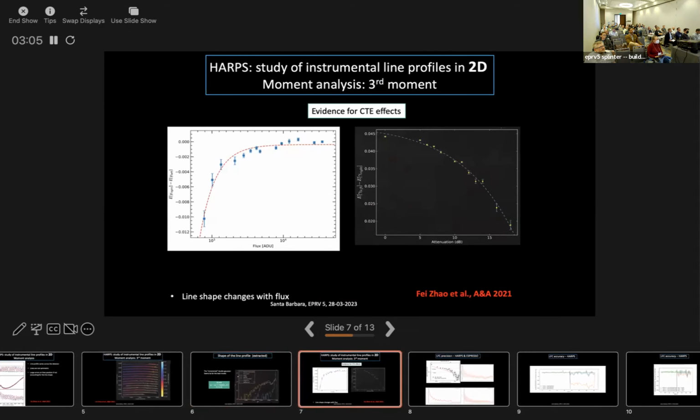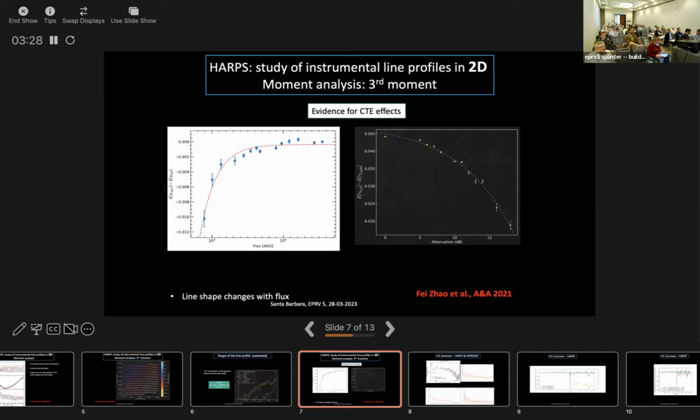Looking at the third moment, one thing that we learned, and the third moment is really a flag for this, is effects like nonlinearity of the detector or charge transfer inefficiency. On the left plot, what we see, we divided the detector in stripes, and we take the leftmost stripe of, I believe, 1,000 pixels, and the rightmost stripe of another 1,000 pixels.